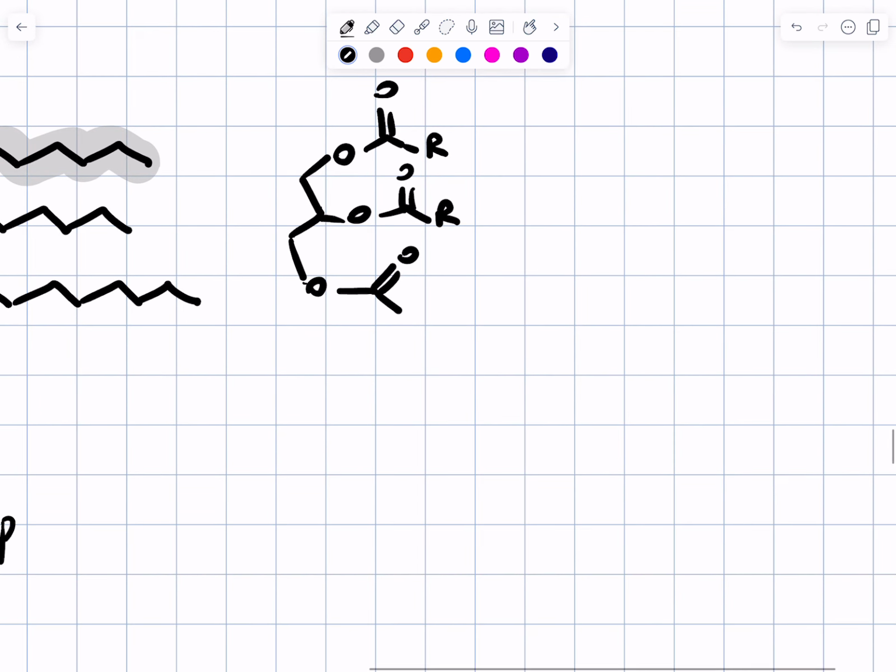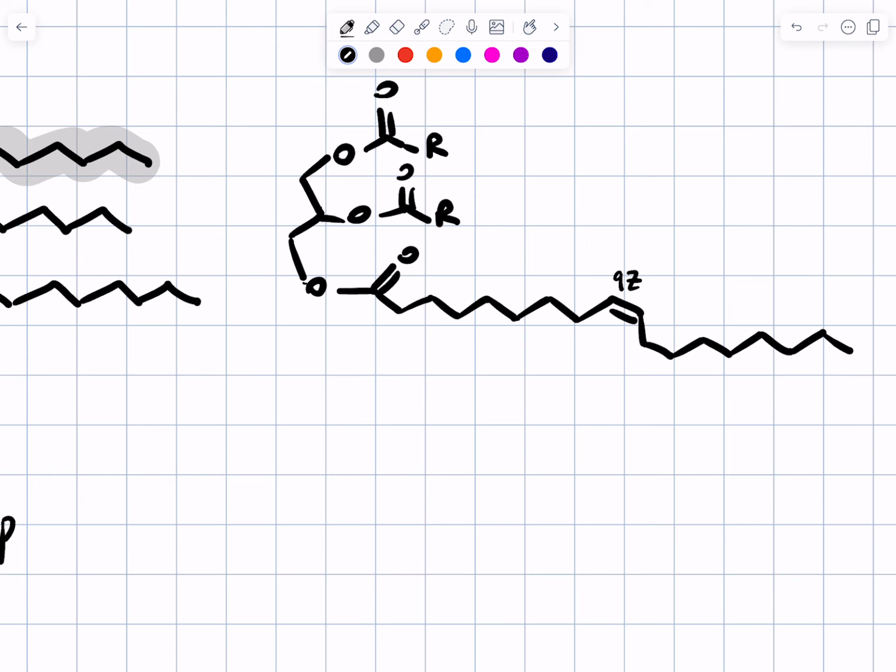This is going to be a monounsaturated fatty acid. It's 18 carbons long, so 1, 2, 3, 4, 5, 6, 7, 8, 9. On carbon 9, you have a cis double bond. So 9, 10, 11, 12, 13, 14, 15, 16, 17, 18.